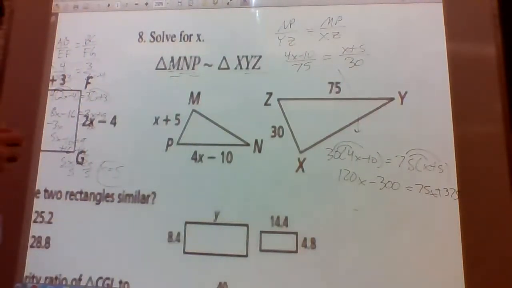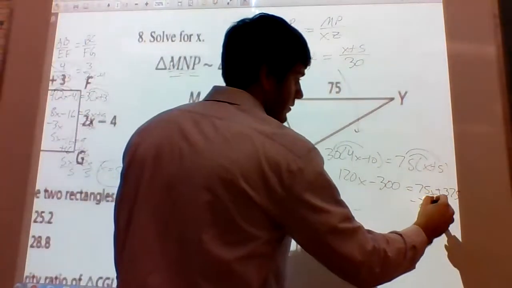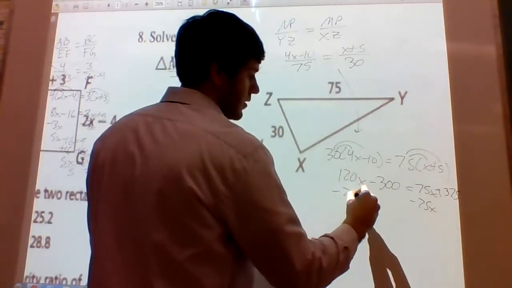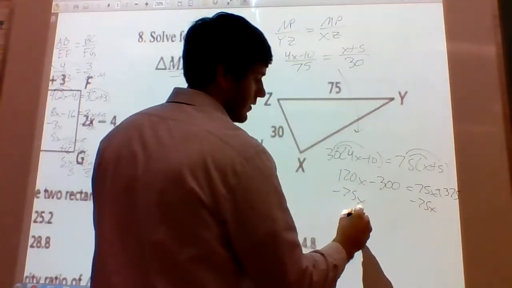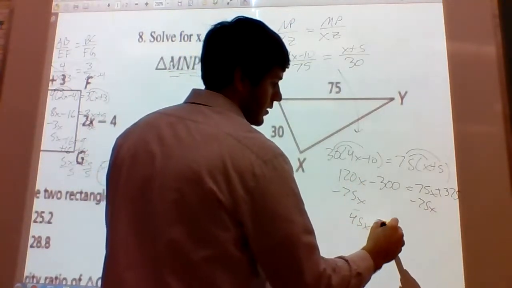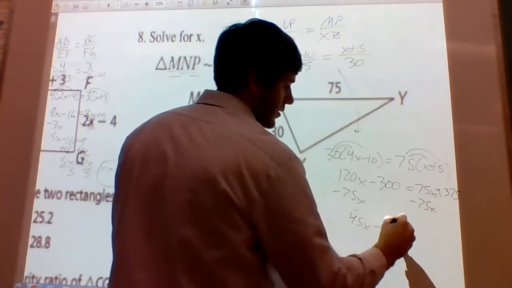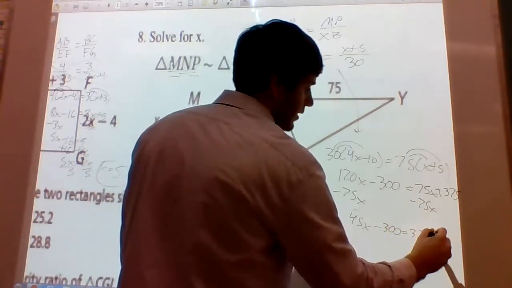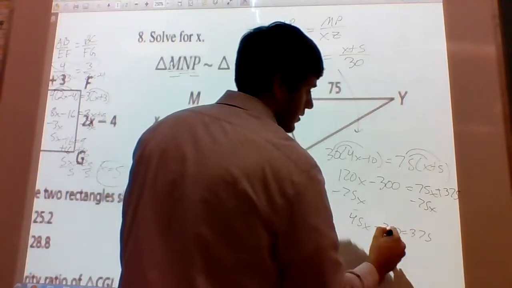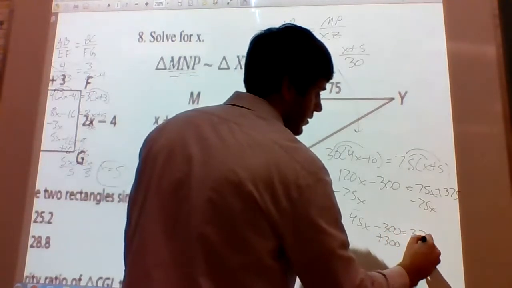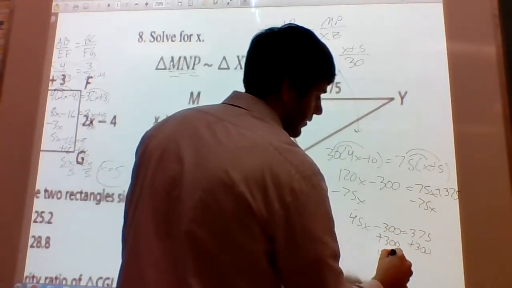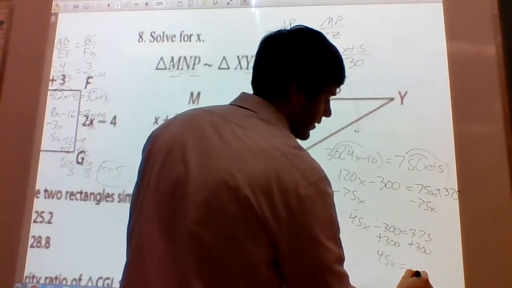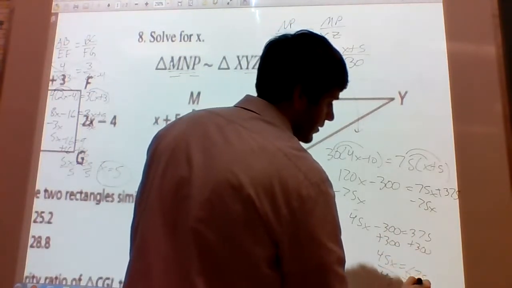Okay, subtract 75x from both sides. 45x minus 300 equals 375. Add 300. 45x equals 675. Divide by 45.